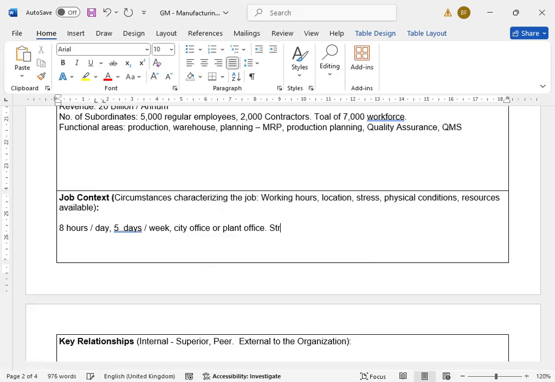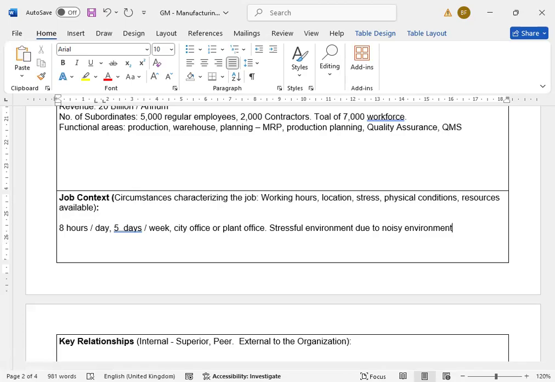And I would say stressful environment, an environment that is very stressful. Why? Maybe due to a noisy environment, because of the machinery and equipment running 24 hours a day.